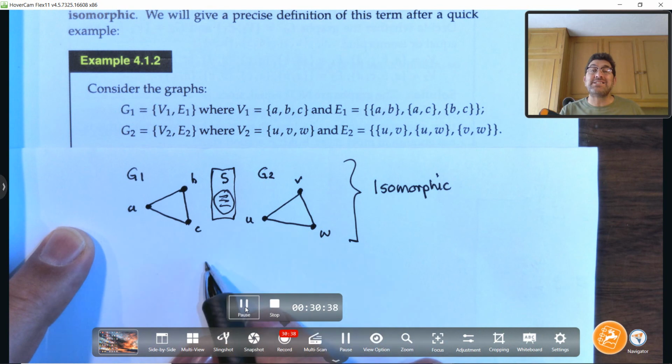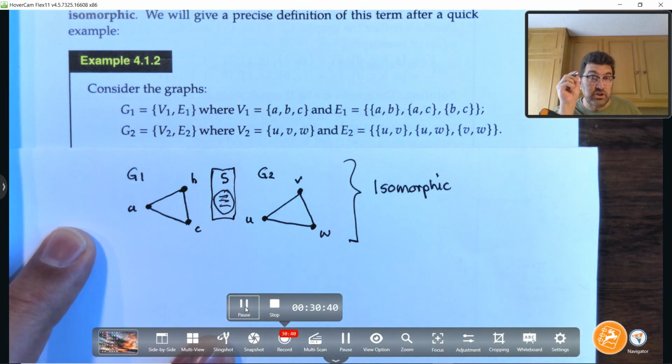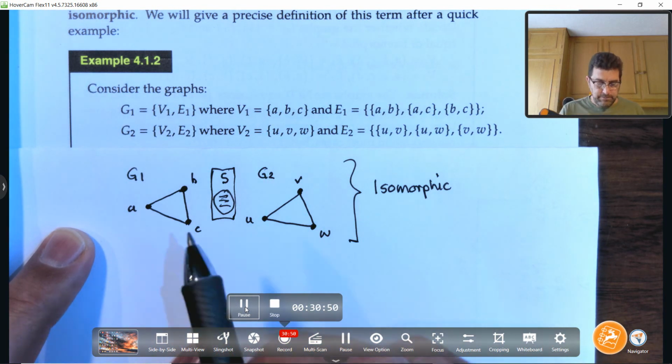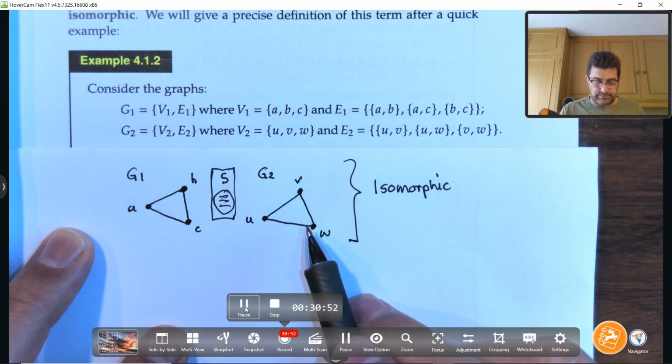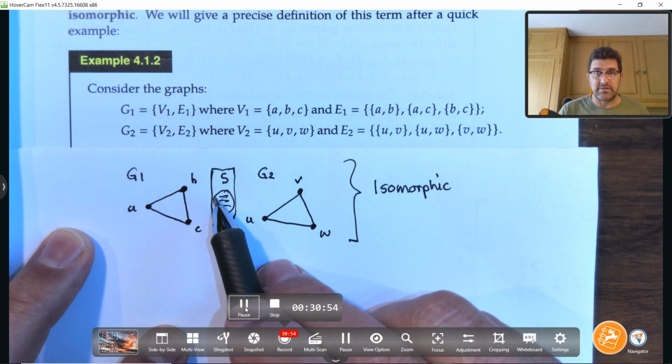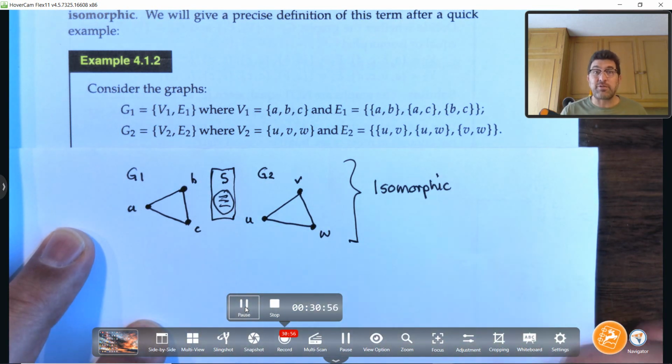Graphs that are isomorphic, it's a definition, remember what we're saying now. Graphs that are isomorphic are graphs that have the same structure. They're not equal. Their structures are equal. Hence we're going to call them isomorphic graphs.